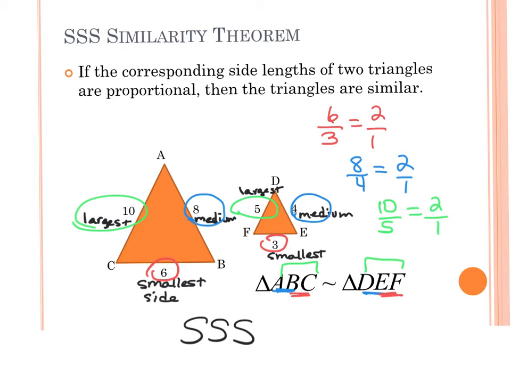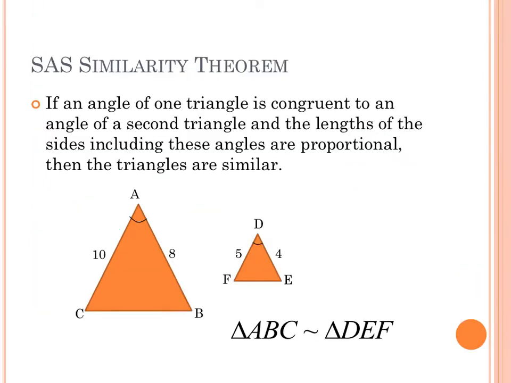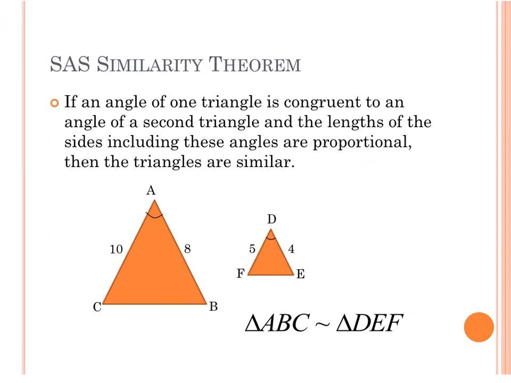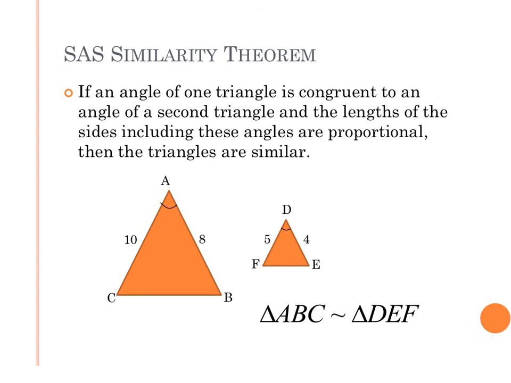Let's see the side angle side similarity theorem. For this one, it states, if an angle of one triangle is congruent to an angle of a second triangle, and the lengths of the sides including these angles are proportional, then the triangles are similar.